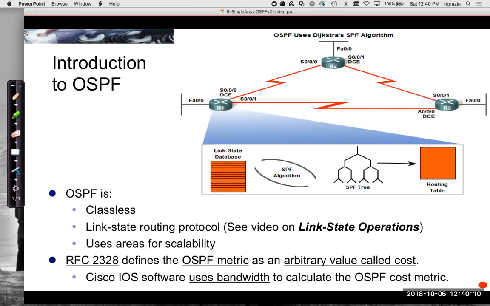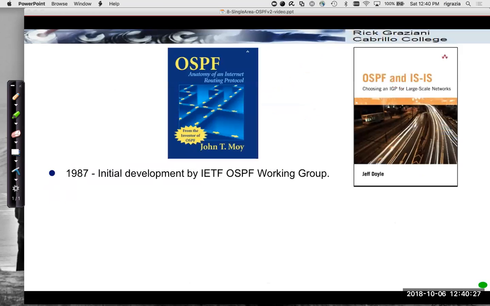Cisco IOS uses cumulative bandwidth, so the bandwidth of all the outgoing or egress interfaces to the destination network, and it's a very simple, straightforward way of calculating the OSPF cost metric.